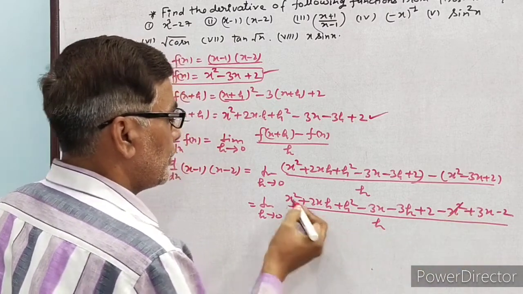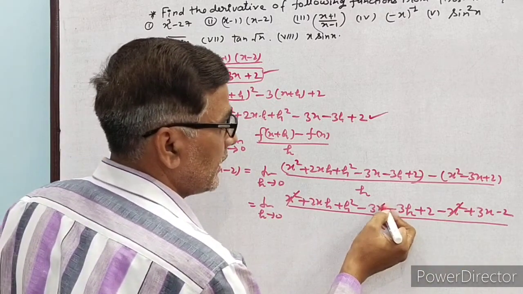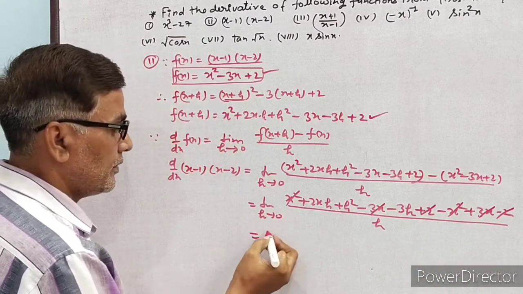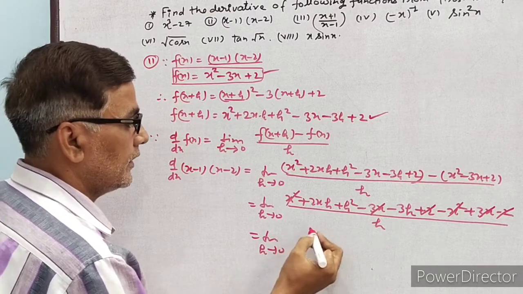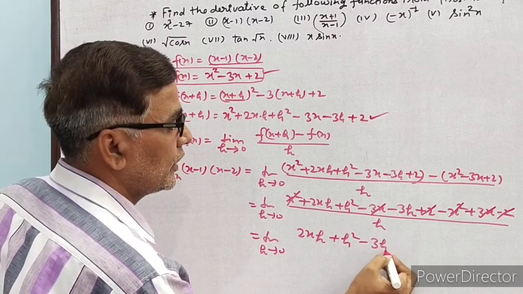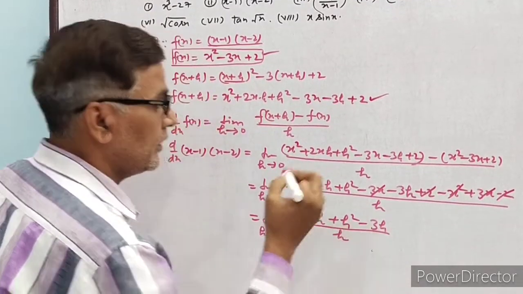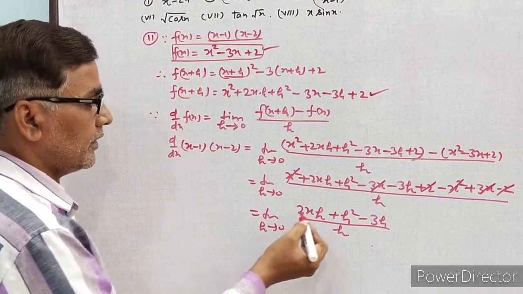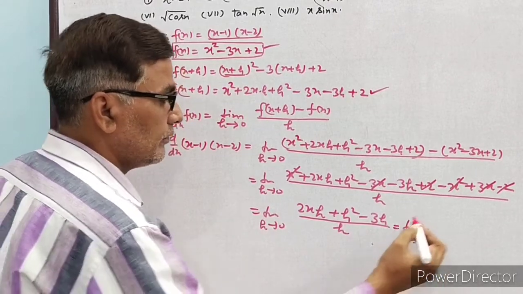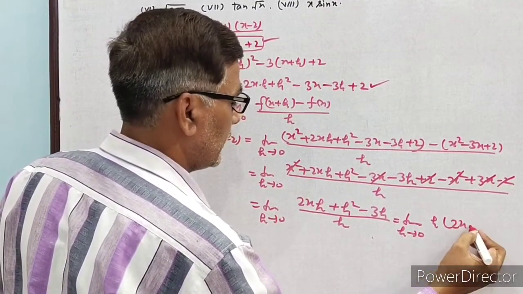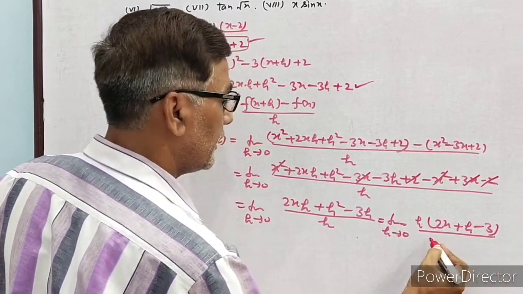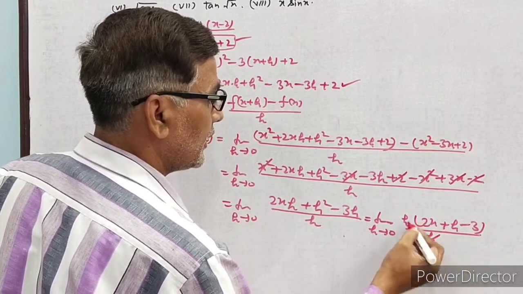Now minus x square and plus x square are cancelled out, and minus 3x plus 3x and plus 2 and minus 2 also cancel, and the rest of the terms are 2xh plus h square minus 3h, and the whole term is divided by h. Now we can take the common h here, so we have h times (2x plus h minus 3) divided by h. h and h cancel out.